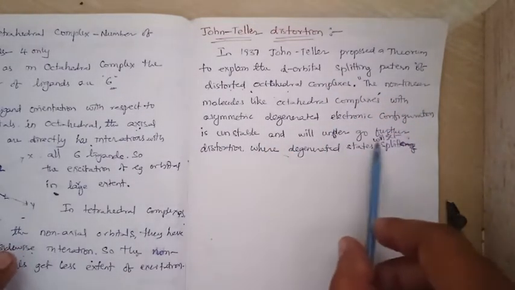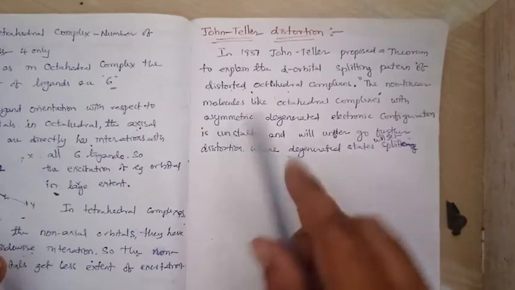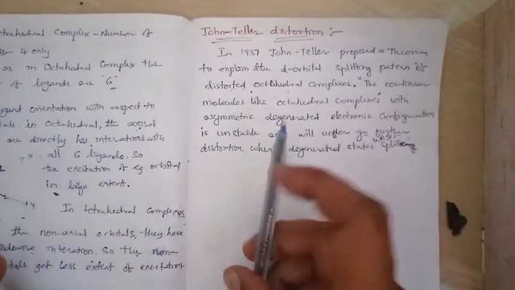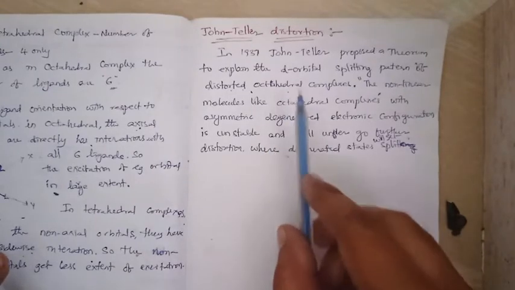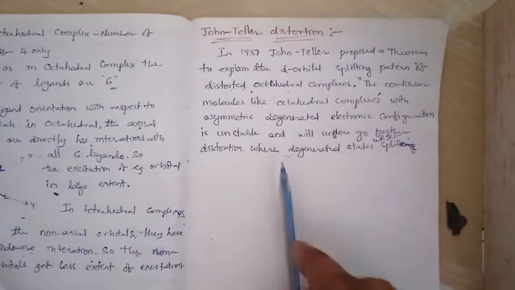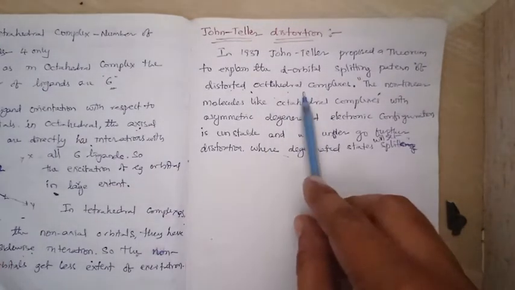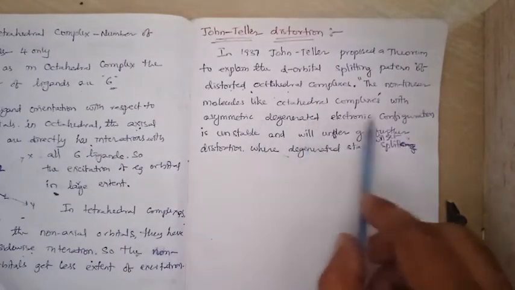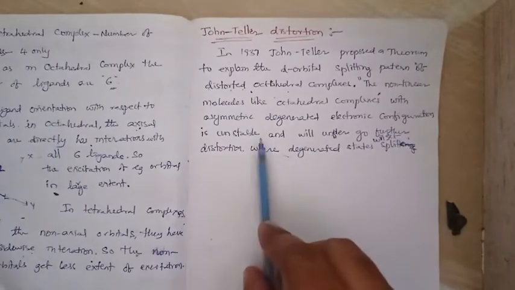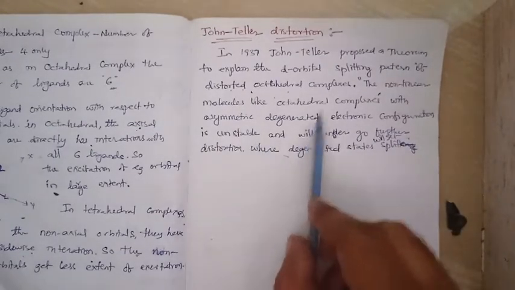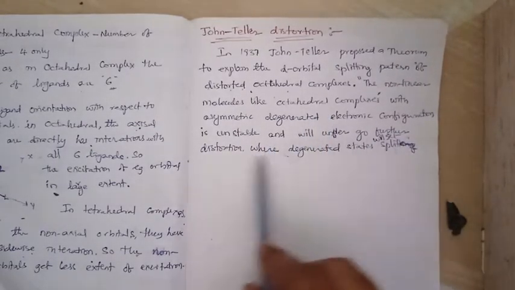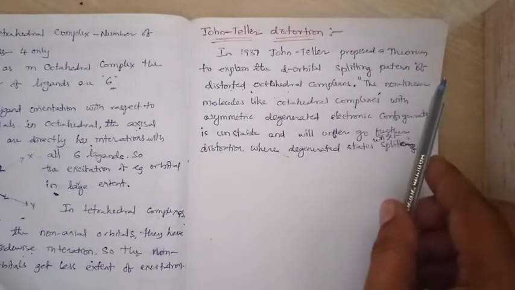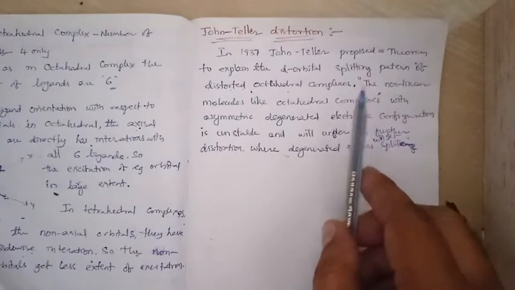Undergoing distortion is nothing but altering the splitting pattern. Actually the octahedral splitting pattern is T2g and Eg, with T2g in the lower energy state and Eg in the higher energy state. But a distorted octahedral with asymmetric electronic configuration will be unstable, which means the T2g and Eg states are unstable and undergo distortion. Further splitting takes place, altering the T2g and Eg states.